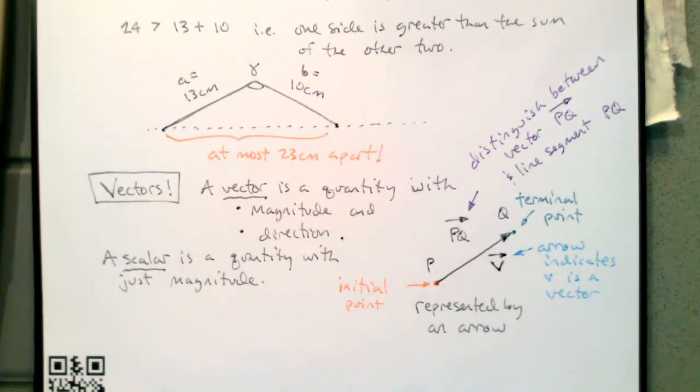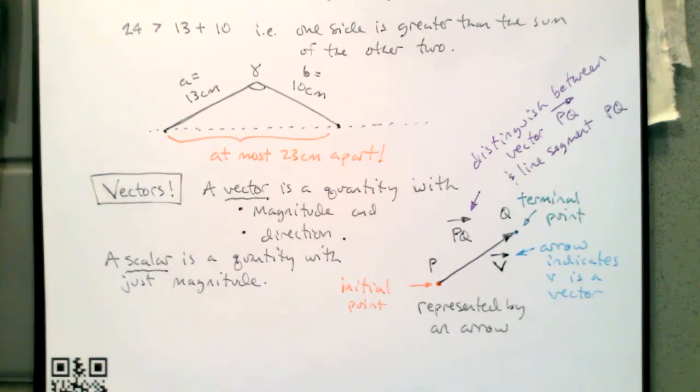This is what we do normally when we are writing. We'll put an arrow above a letter name to indicate a vector. If we are typing, we might just boldface the letters.